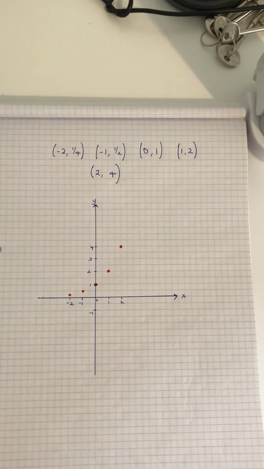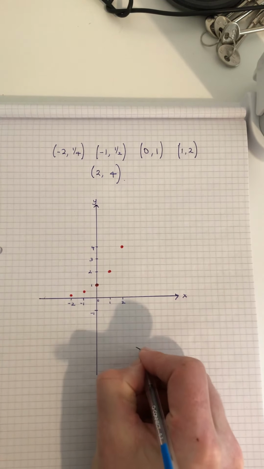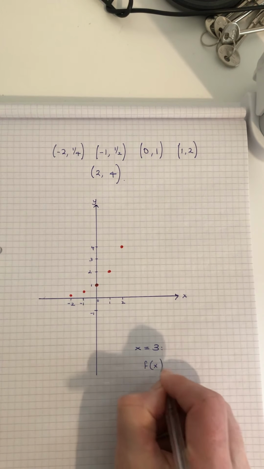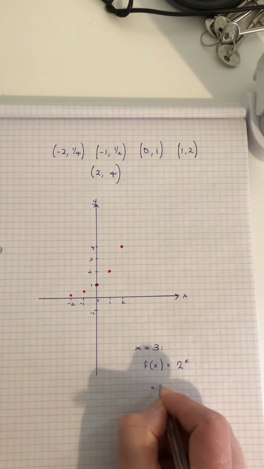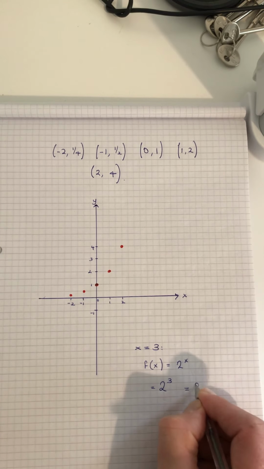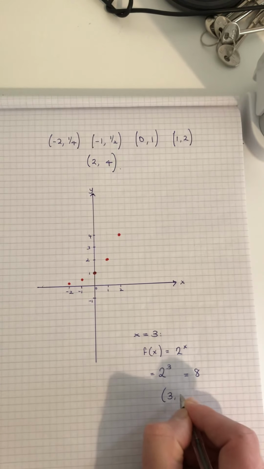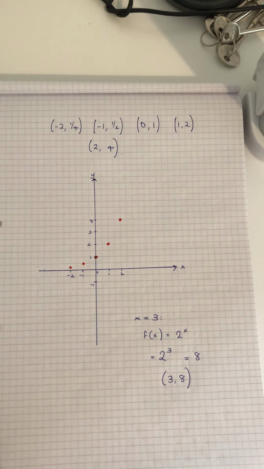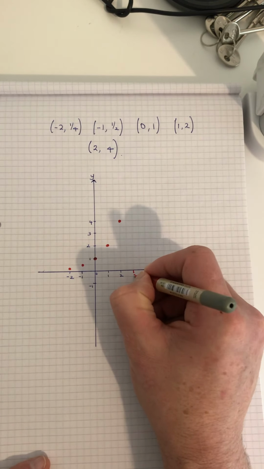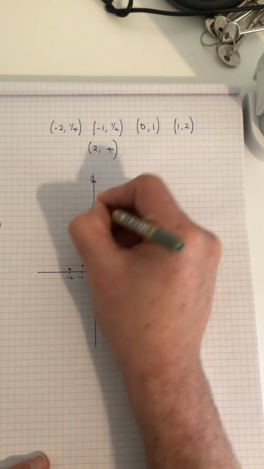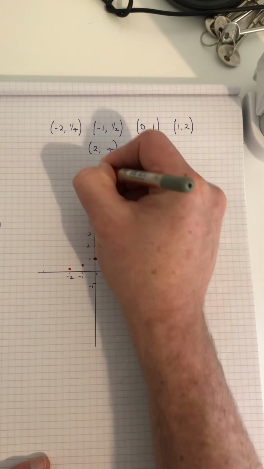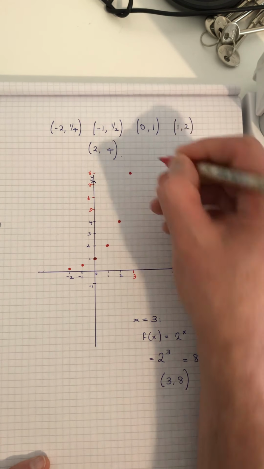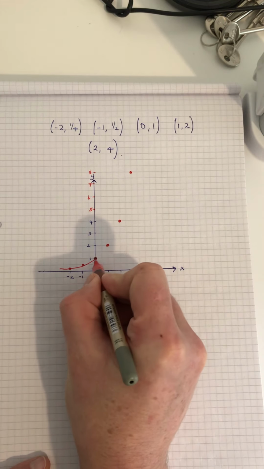Now the next one. Supposing I was to put in x equal to 3 into our function. f of x equal to 2 to the power of x would be 2 to the power of 3 is 8. So 3, 8. Okay? Now, then you would have across to 3 and up to 5, 6, 7, 8. So you see the way the graph starts to go up really steep like so.